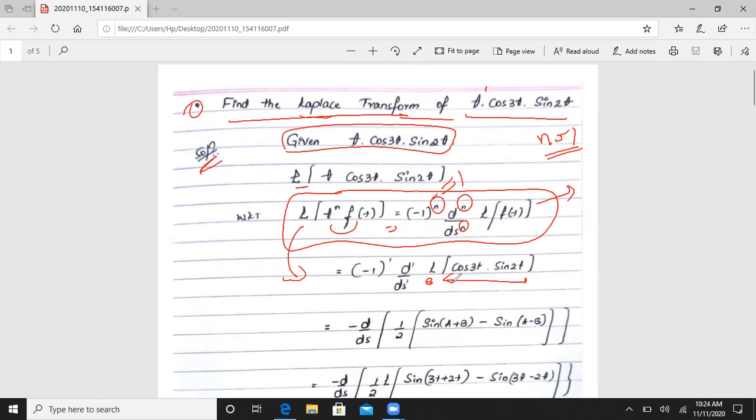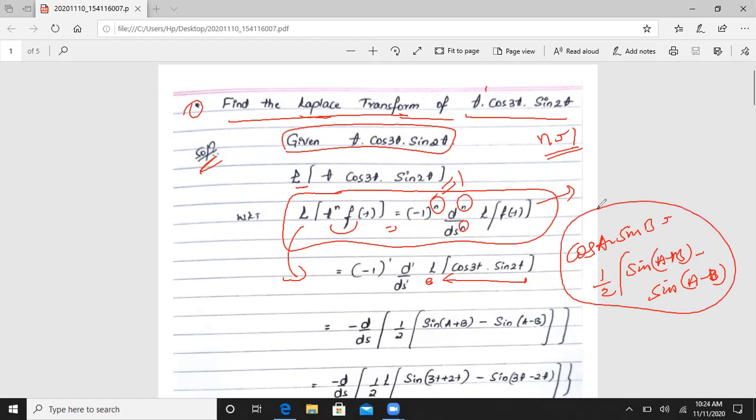You guys already know the cos a and sin b formula, that is 1 by 2 into sin a plus b minus sin a minus b. Okay, this is your formula. You guys already solved this problem. So we substitute here.